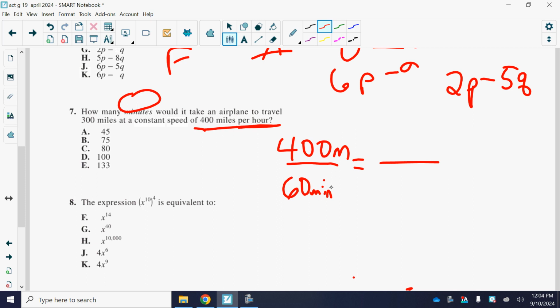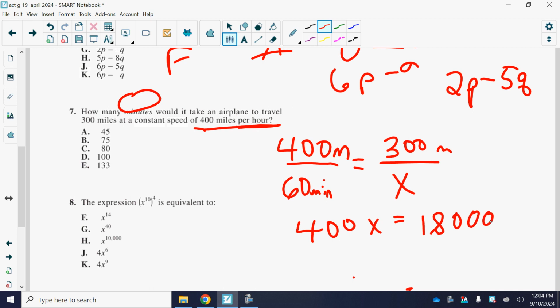So I'm going to go 300 miles in X minutes, huh? So you cross multiply and divide. So it'd be 400 X equals 300 times 60, which is 18 with 3 zeros, huh?